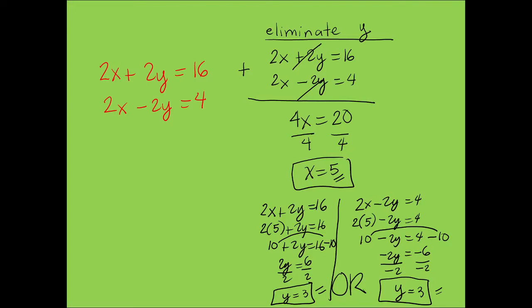Let's do the checking. What is our solution set? 5, 3. Okay, let's do the checking. Equation number 1, 3x plus 2y equals 16. What's the value of x? 5.